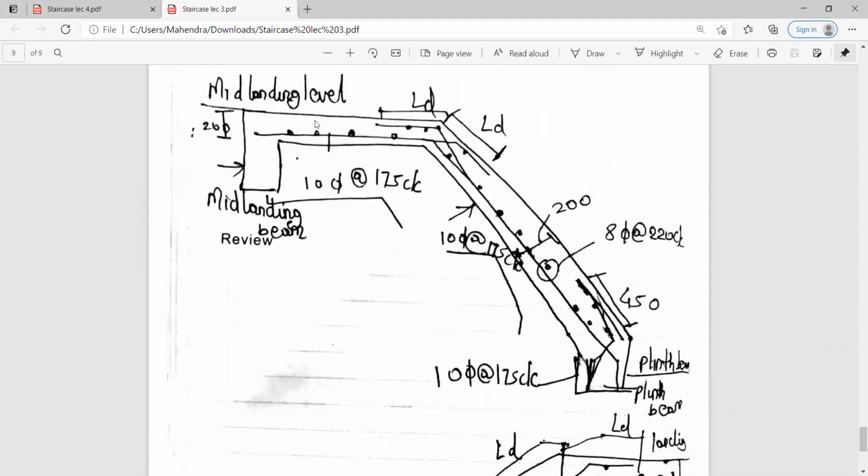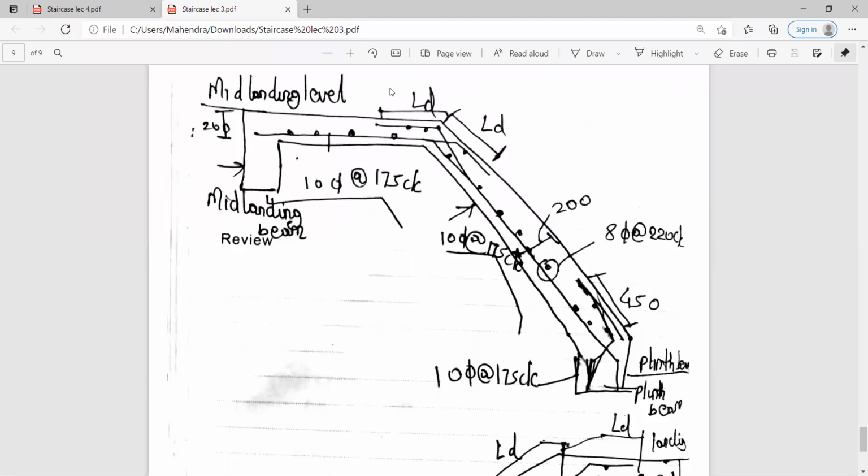The first part, they have told you to calculate from the mid landing level till the plinth beam. As you can see, this is your plinth beam and this is the reinforcement, that is 10 phi at the rate of 175 mm center to center. This is your main reinforcement and this is your secondary reinforcement, that is 8 phi at the rate of 220 mm center to center.